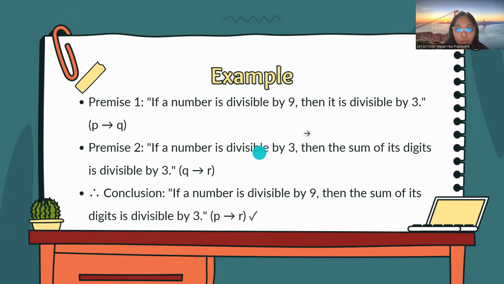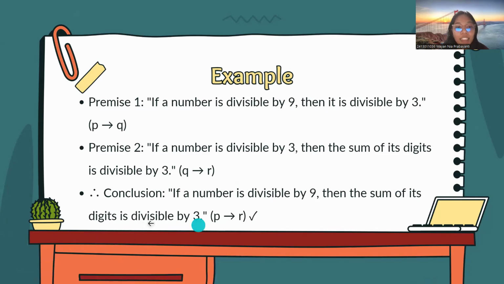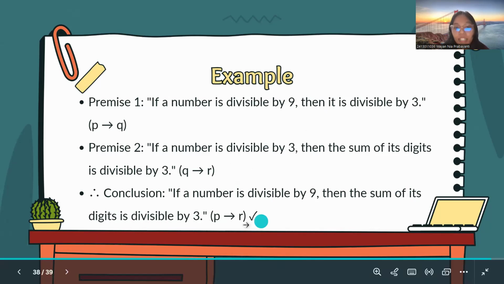This is the Q, the same as this, and this is the new R. So we have the conclusion: if a number is divisible by 9, then the sum of its digits is divisible by 3. This is the conclusion of this syllogism.